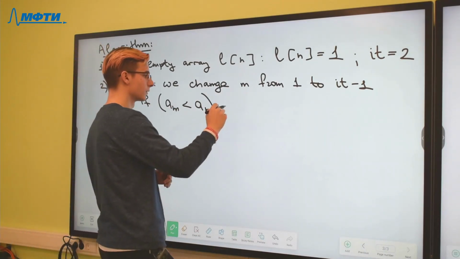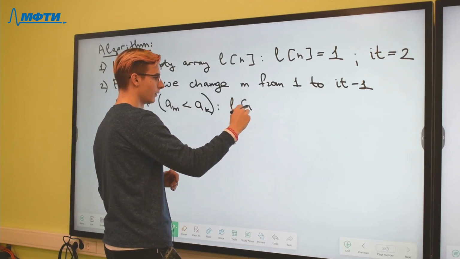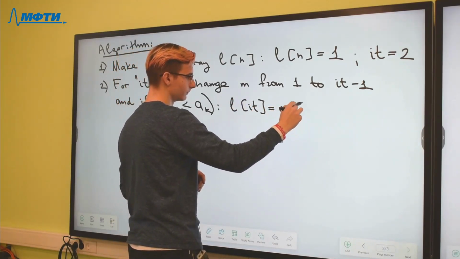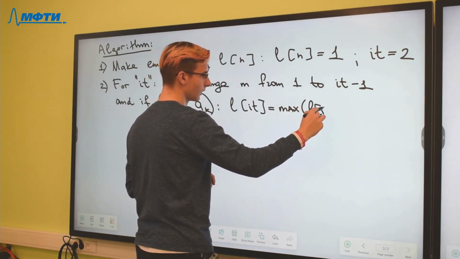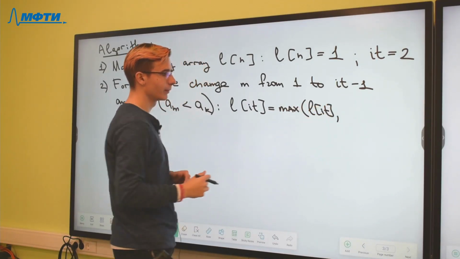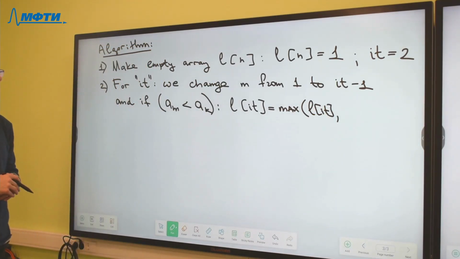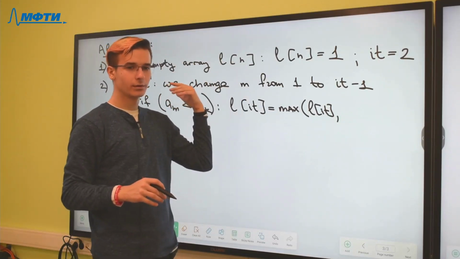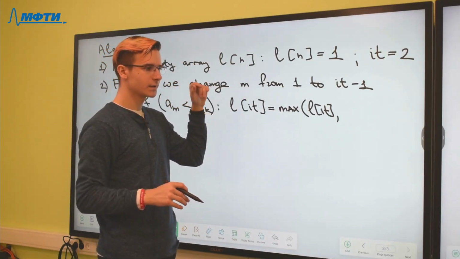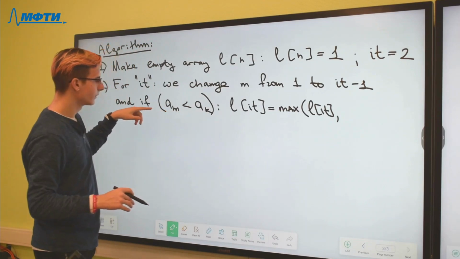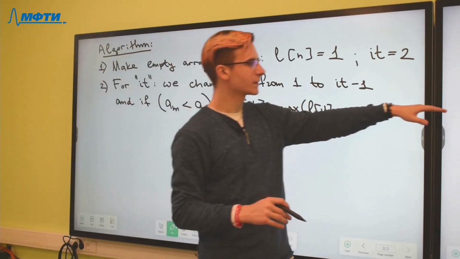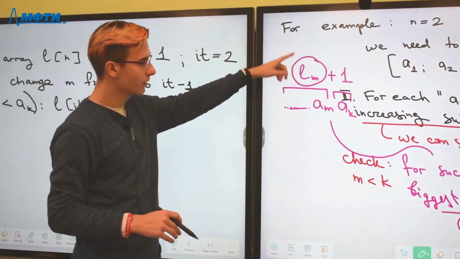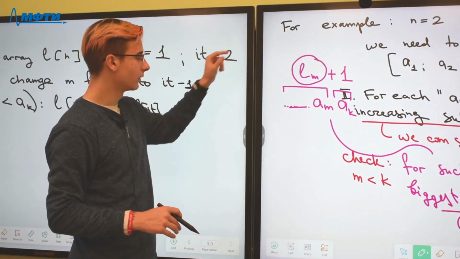We say that L of i will be the maximum of the length that we have already found and the length of the subsequence that we find in this step.